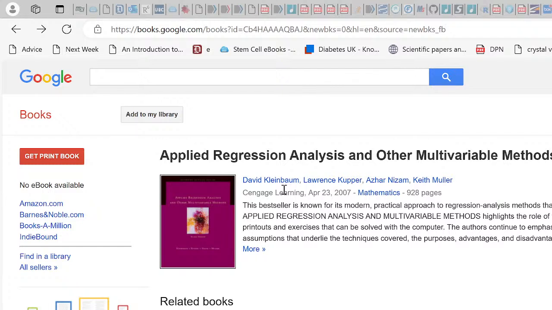So nominal is simply to name. Categorical. A nominal variable could be just simply categories. Hot, cold, male, female.